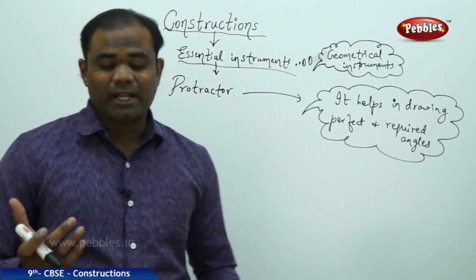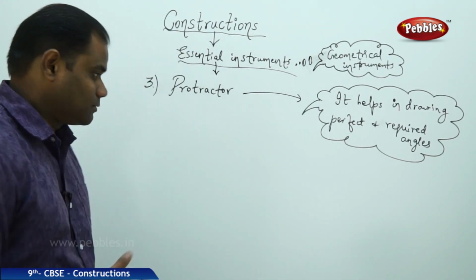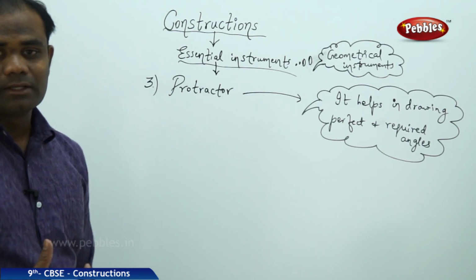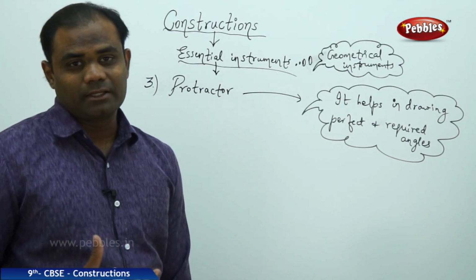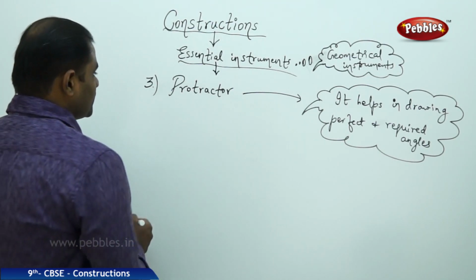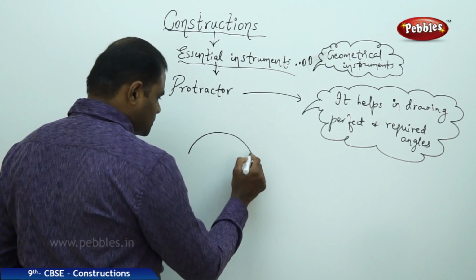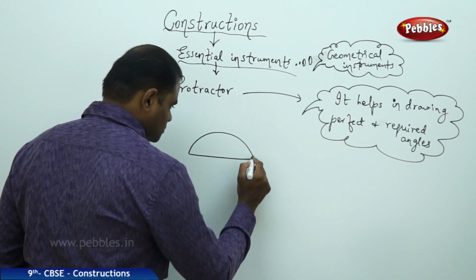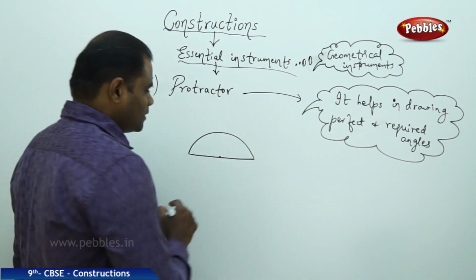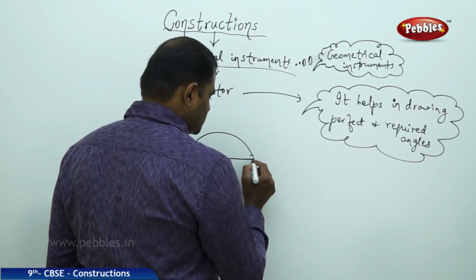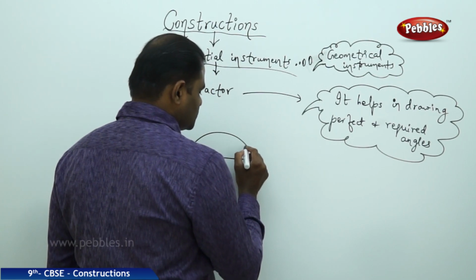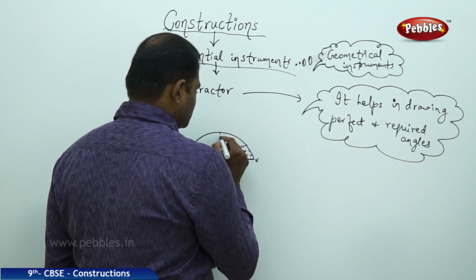Suppose I want to draw an angle of 30 degrees, then I have to use the protractor. So let's see how you can use the protractor in applications of making certain angles. But before that, let's see how the instrument looks. A protractor is usually a D-shaped instrument in which you have a center fixed and you have angles moving out here. So here we have 0, 5, 10, etc.